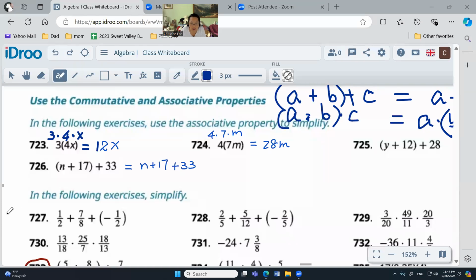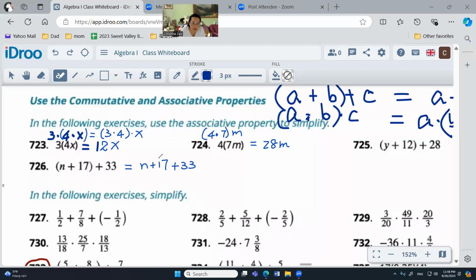Associative. What they mean is 3, 4, x. Right now you have 4 times x. It's the same thing as 3 times 4 and then times x. Same thing. This is what it means by associative property. So 4 and m, same thing as 7 and m, is the same as 4 and 7.